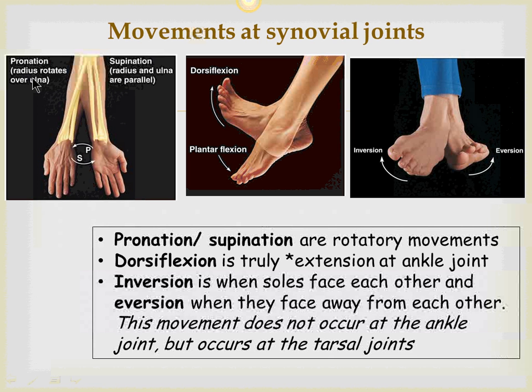From this comes the word prone. When somebody tells you to lie prone, you're lying on your stomach. The second one is supination, which is the opposite, where the radius and the ulna lie parallel to each other. The radius rotates back and comes to lie parallel. The palm is facing forwards or upwards.